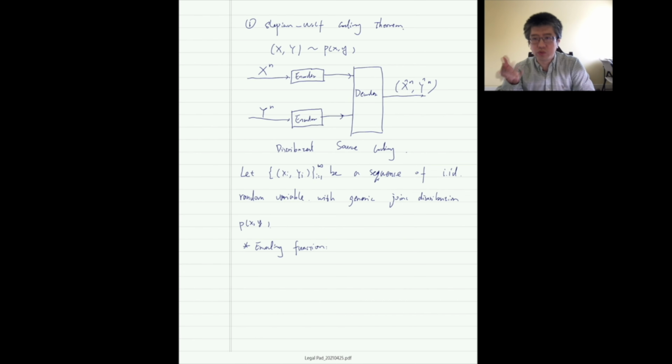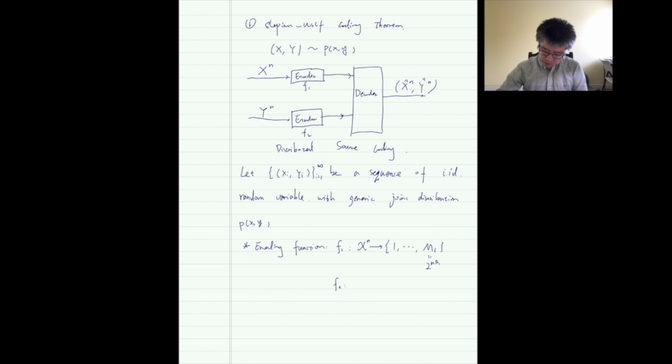And for the encoding function, we have two encoders, right? So this one and this one. We denote this one as F1 and this one as F2, okay? So the encoding functions are F1 and F2, where F1 is from this alphabet to an index 1 up to M1, and clearly if we use a rate to determine M1, then M1 equals 2 to the power of N R1, where R1 is the rate for the first source X, right?